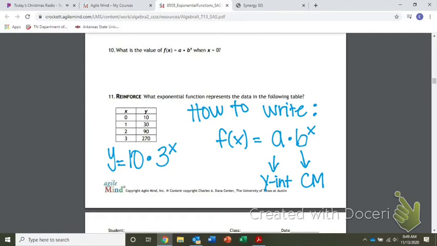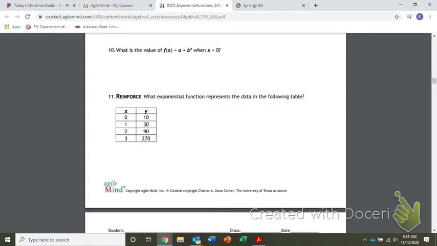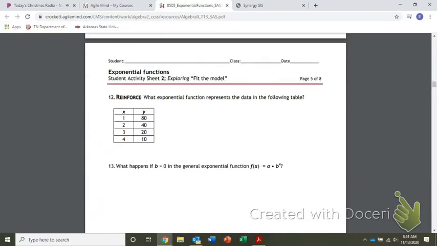All right, go to number 12. Now, number 12 starts with 1 instead of starting with 0. So first, you have to find the constant multiplier before you can find the y-intercept.